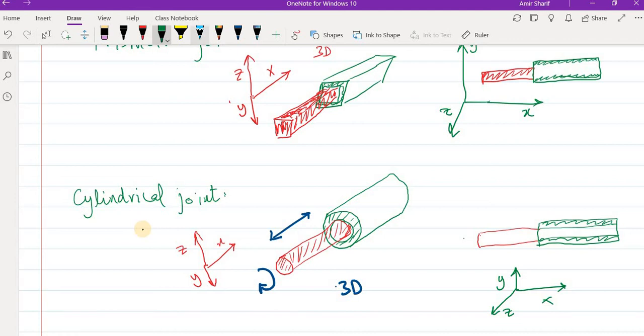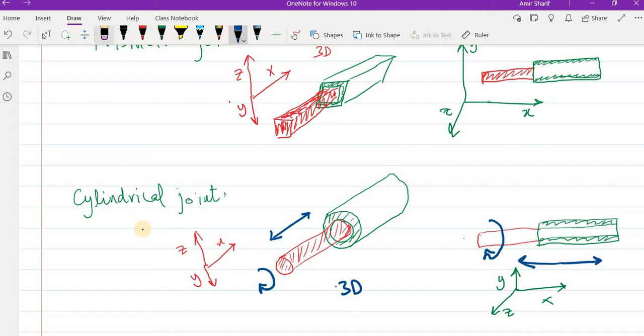So here also, you see, this has a motion like this, to and fro along the x-axis, and also a rotation about the x-axis.